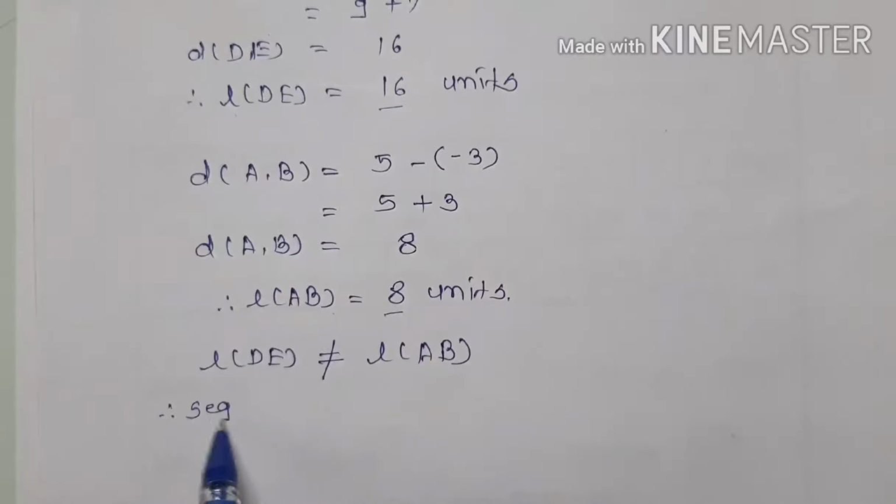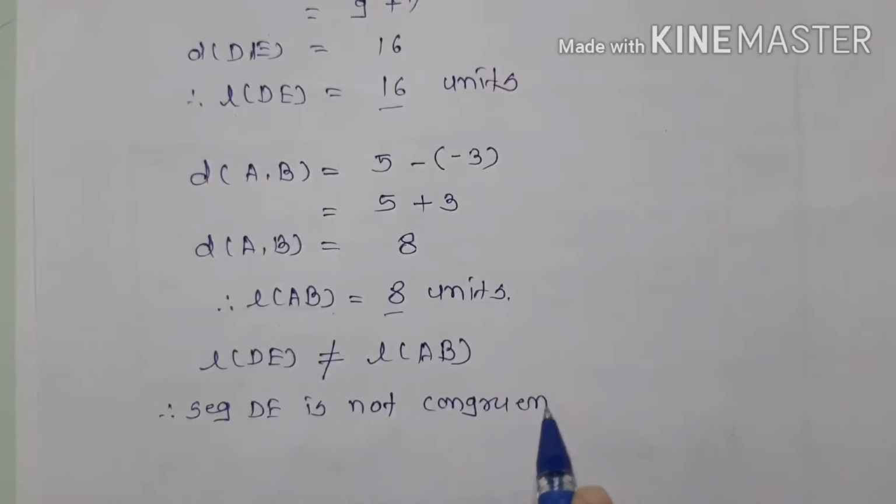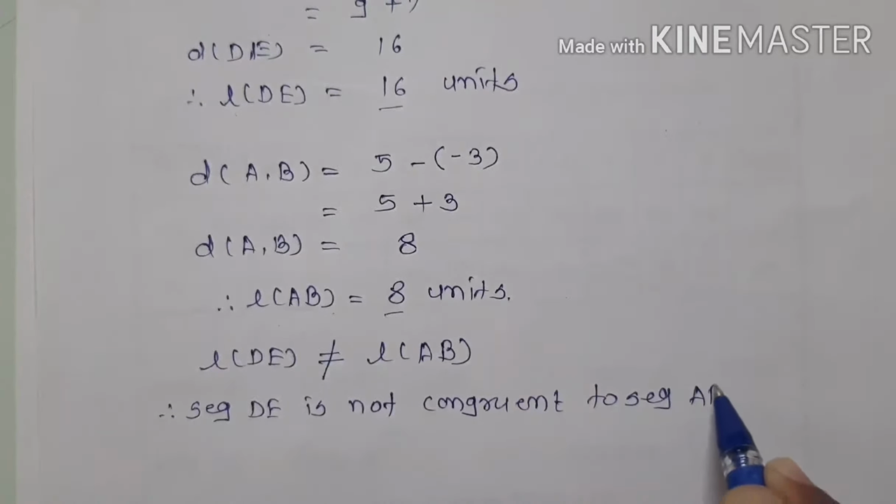Therefore segment DE is not congruent to segment AB. Similarly, if we are given any two segments, we can compare them in the same way, and we can decide whether those two segments are congruent or not.